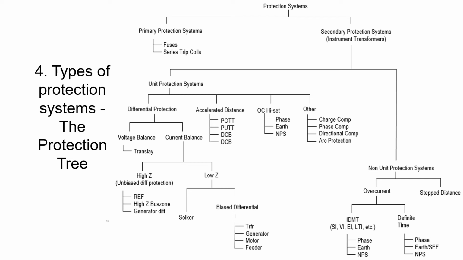The boundary being defined by the location of the CT to which the overcurrent high set relay is connected, and the overcurrent element reach, which would be well defined for a high set element. Then, of course, we have some other unit protection systems, as I've indicated over here. On the non-unit side, we've got overcurrent, and we have step distance.